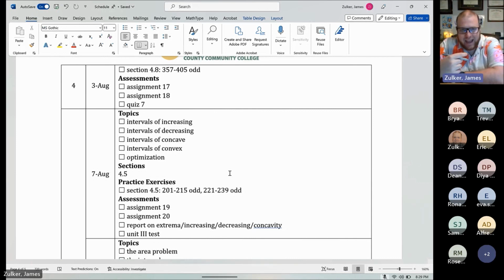So what this is going to allow us to do, which we're not going to cover this semester, is use increasing, decreasing, concave, convex, plus some of the basic information about the function like domain and range and where it has asymptotes, to sketch the graph of any function without technology.